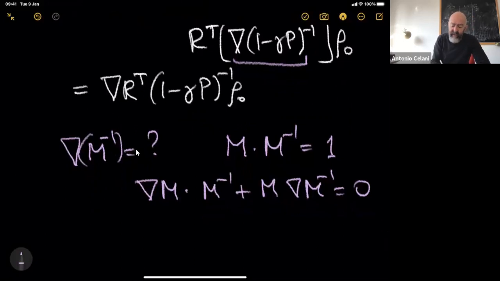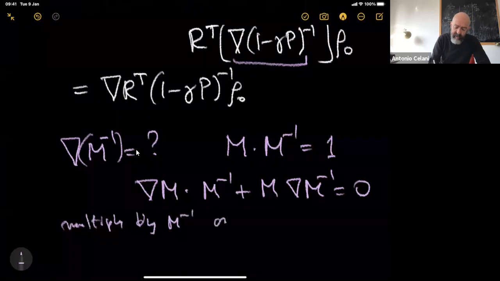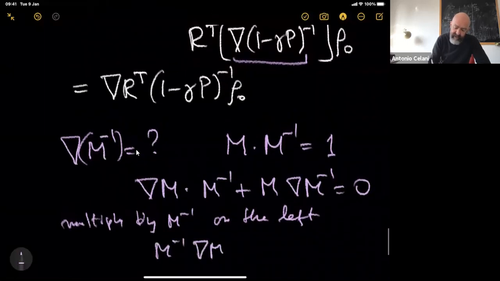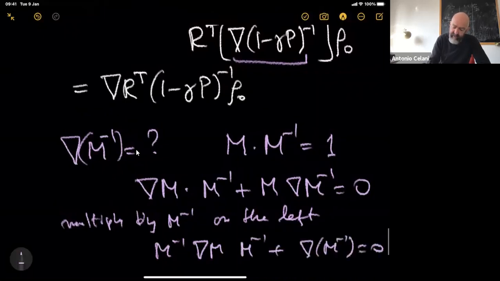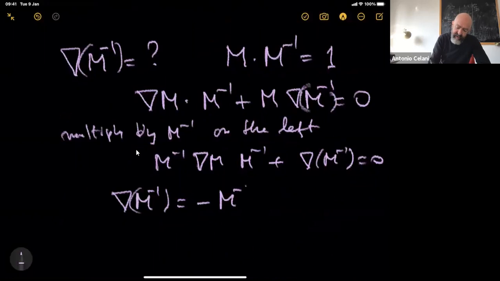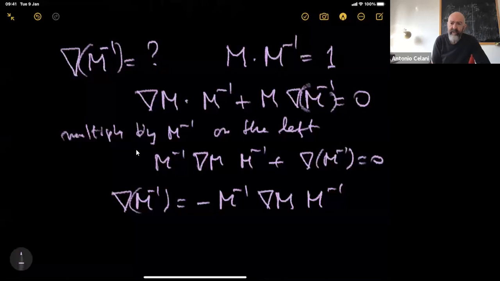Then what we do is just multiply everything by M to the minus 1 on the left. This becomes M to the minus 1 grad M times M to the minus 1 plus grad of M to the minus 1 equals 0. And therefore, final step, the gradient of the inverse is minus the inverse, times the gradient of the matrix itself, times the inverse.